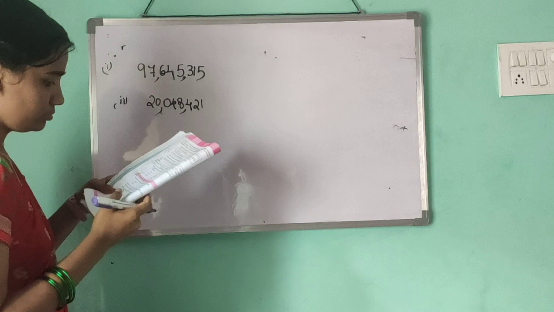Coming to 10 lakhs, in the Indian system we consider 10 lakhs equal to 1 million, right? 1 crore equals how much? 10 million. 10 crore equals 100 million. So the digit at the millions place is 2. So the first answer is 2.